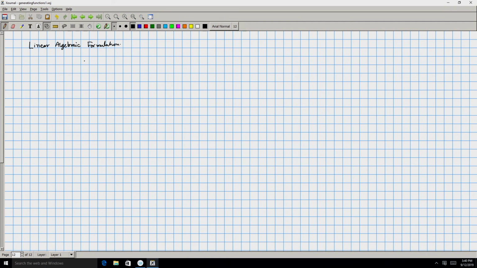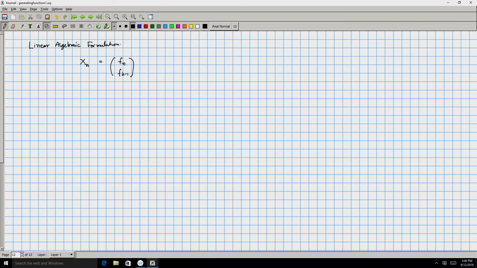Now, instead of thinking of the nth Fibonacci number, we will think of a vector xn which denotes the pair of Fibonacci numbers, namely fn and fn minus 1.